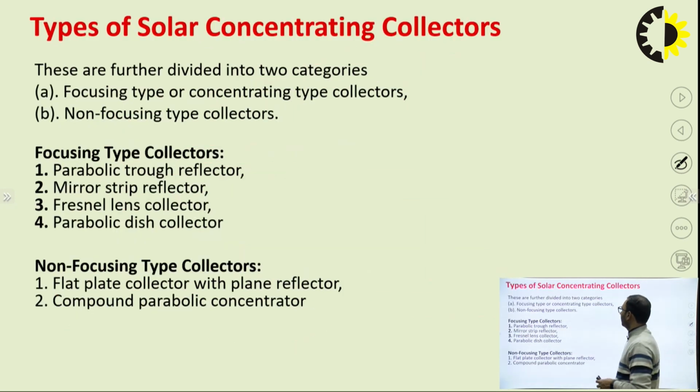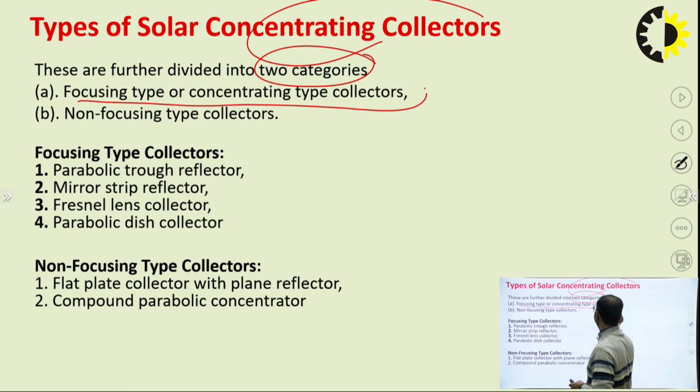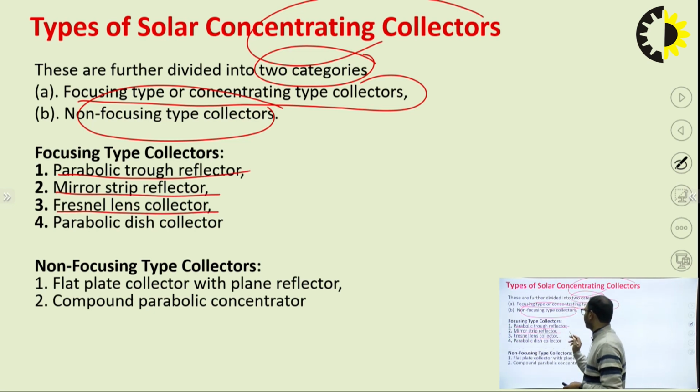Now, concentrating type collectors are further divided into two categories: focusing type collectors and non-focusing type collectors. Further, focusing type collectors are classified into parabolic trough reflector, mirror strip reflector, Fresnel lens collector, and parabolic dish collector.